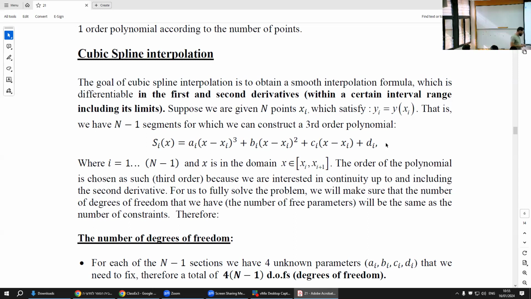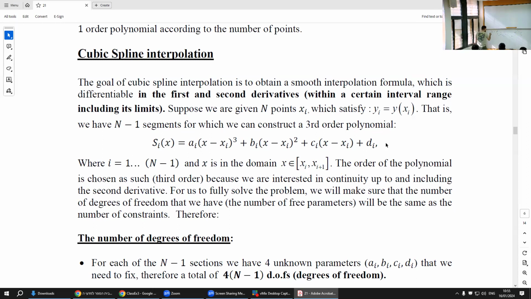For example, if I have 100 points, I choose this polynomial, only in this segment, to be of order 4, for example, or 5. But in each segment I have another polynomial. All of them are of the same order. I call these S1, S2, S3, up to Sn minus 1.